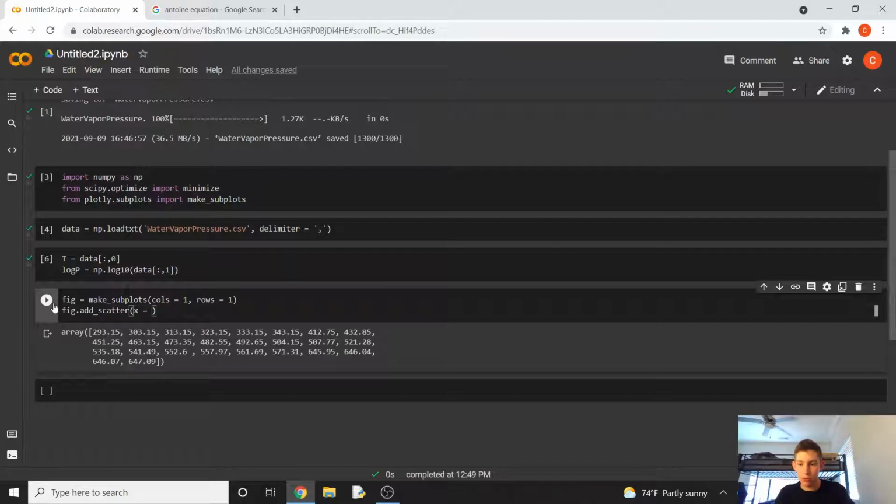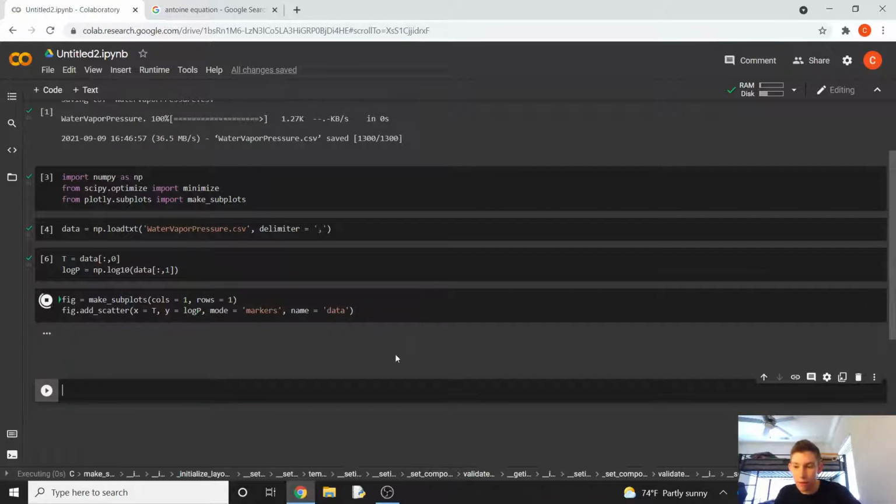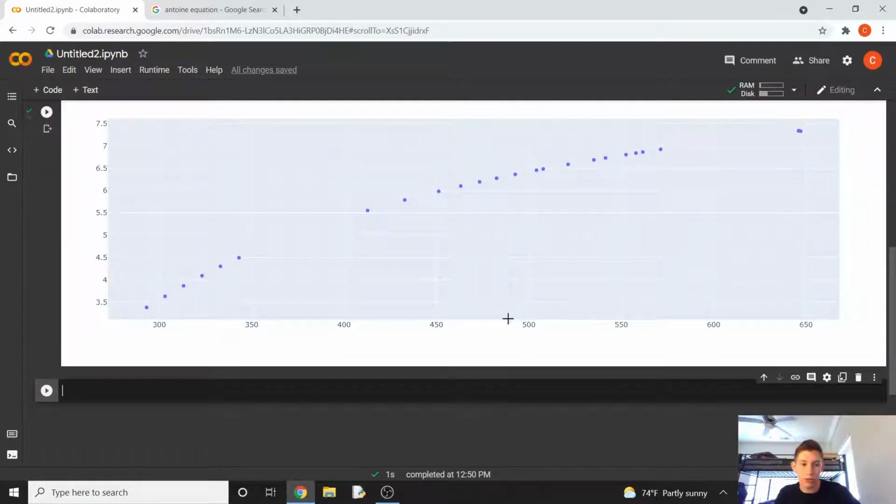Our x is going to be equal to the temperature, and our y is going to be equal to the log P. Our mode is going to be markers, which would be the data points, and then the name we'll just call data. I think we might have a problem here. I don't remember if that's completely correct syntax, but we'll see. Okay, so that looks good.